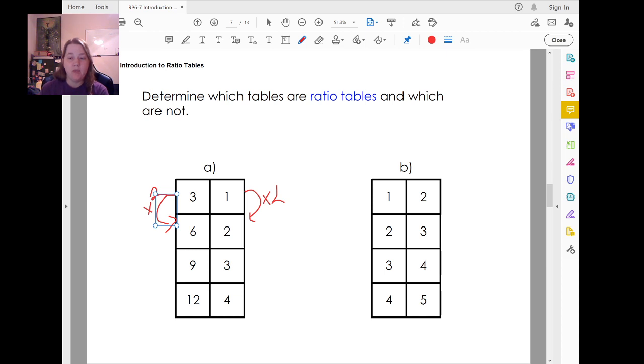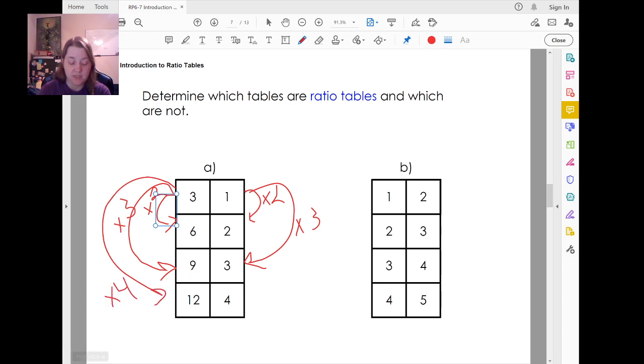That's awesome. Let's take a look at the next row. How do I go from 3 to 9? Well, I know that 3 times 3 is 9. Is 1 times 3 3? Yes, it is, which means we're good to go. What about on this side? 3 times 4 is 12. Is 1 times 4 4? Yes, it is, which means we're good to go.